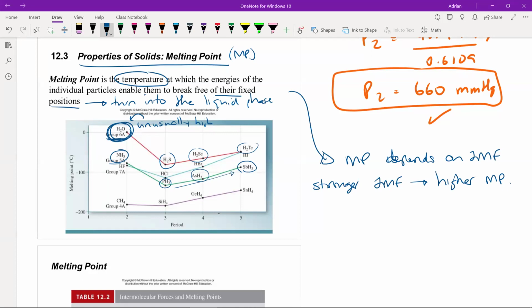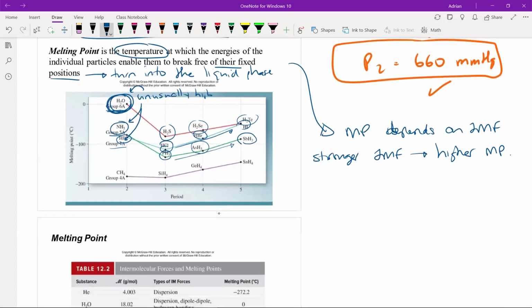However, ammonia is also unusually high. And if you look at the hydrides of the group 7 elements, so the hydride of fluorine, the hydride of chlorine, the hydride of bromine, hydride of iodine, again, there's a general trend up, but the hydrogen fluoride is unusually high. So what's the reason for these unusually high melting points for the hydrides of those 3 elements?